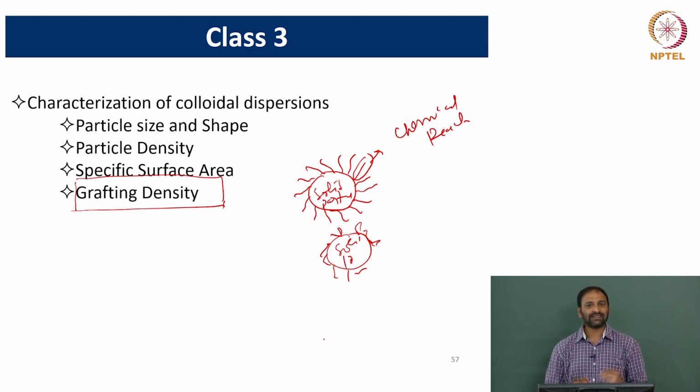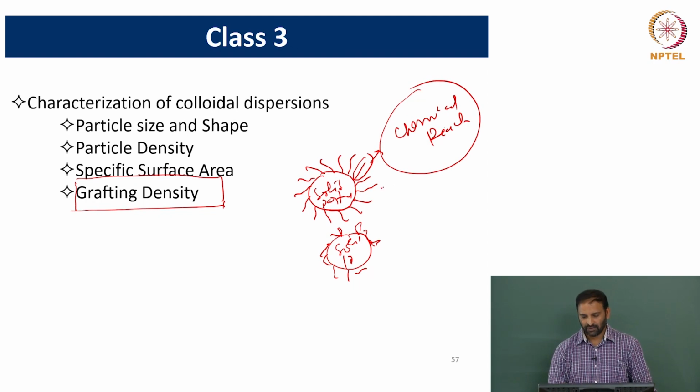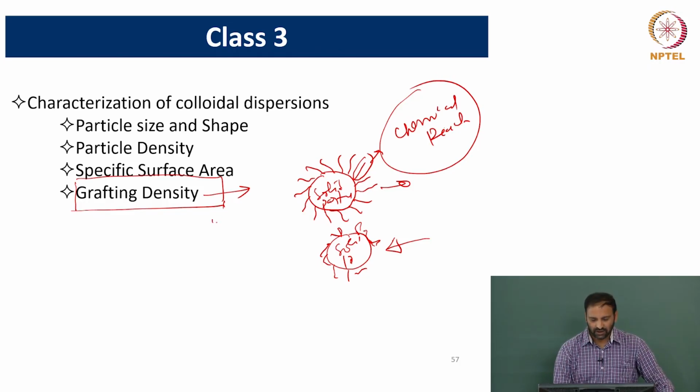When you have a chemical modification of the surface to give chemical grafting, or a physical grafting, which is more because of the adsorption of some molecules on the surface, you can actually define what is called the grafting density, which is essentially defined as the number of molecules that you have put on the surface divided by the surface area.